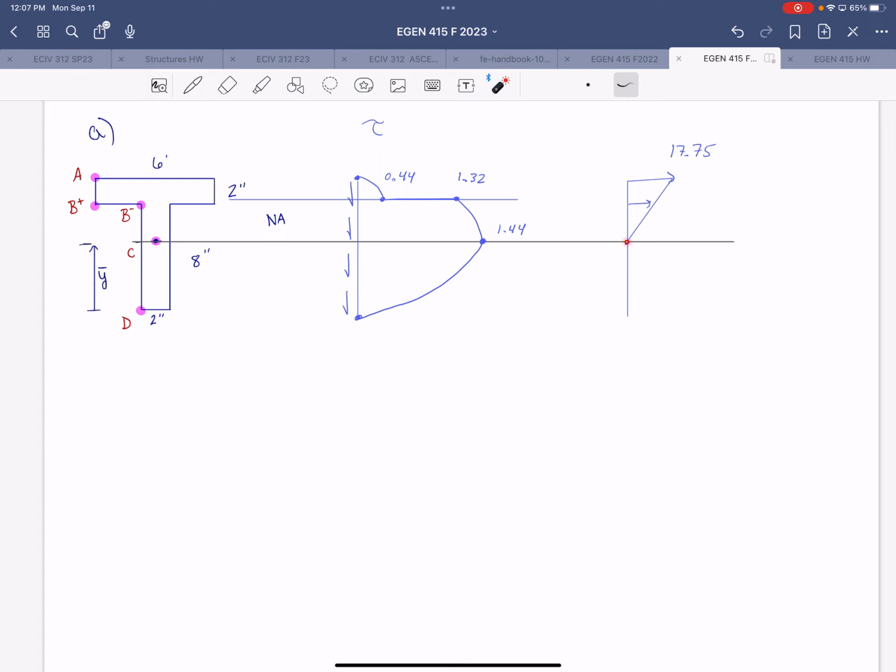So you can either continue that line straight through the cross-section like that, or you can draw it on the right side with arrows pointing towards the cross-section. Either way is acceptable, as long as the arrows are pointing in the right direction.